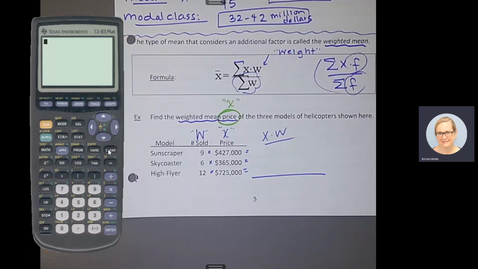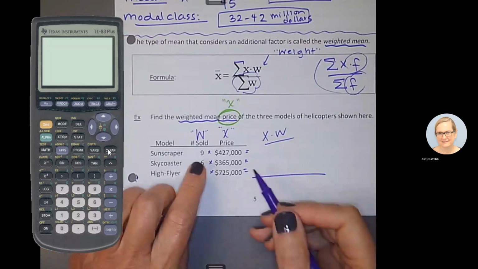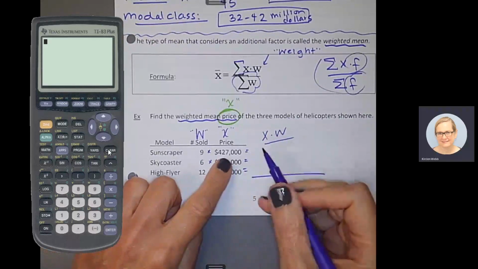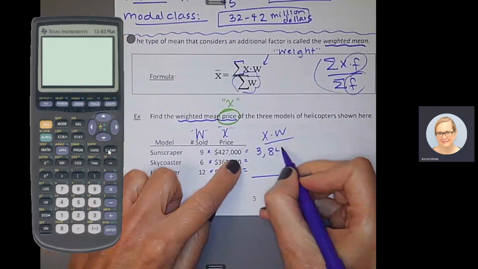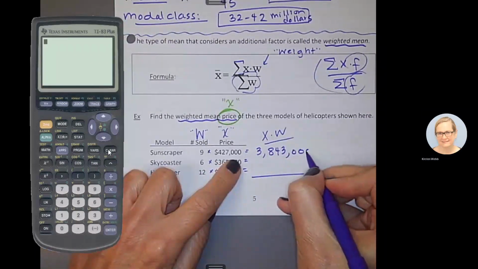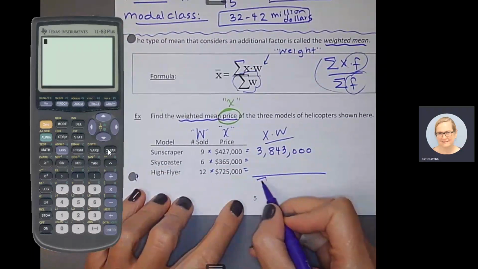We're going to get some great big results here. Like 9 times 427,000 is 3,843,000. Sound like a good start?